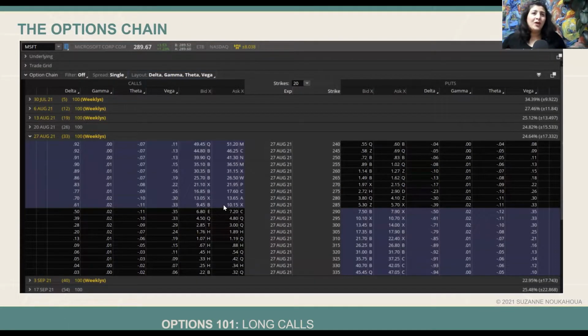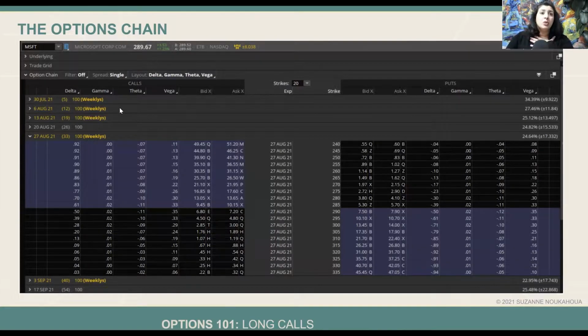So here's our beautiful option chain. If you go to your Thinkorswim platform, you will find this on the trade tab, on the third rung, option chain.